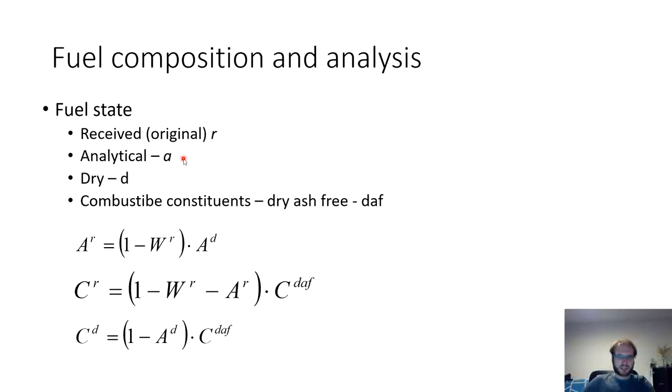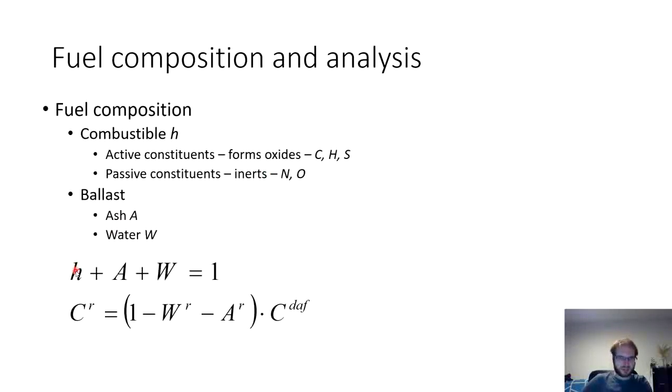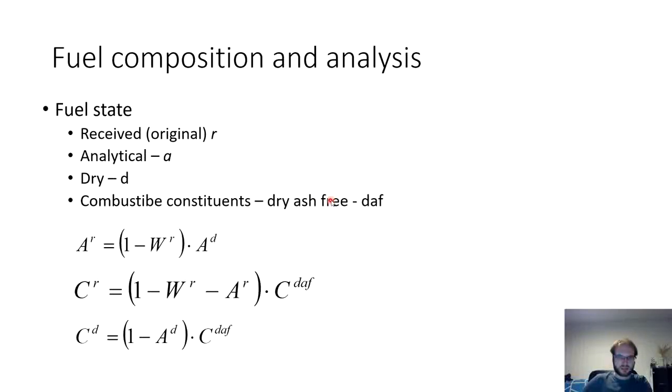Then the so-called analytical form, but mostly the dry form, D, after the water is evaporated. And then we have the combustible constituents only, which means, as we could see, the combustible is H, so it's without the ash and without the water. So this is called dry ash free and denoted as DAF.